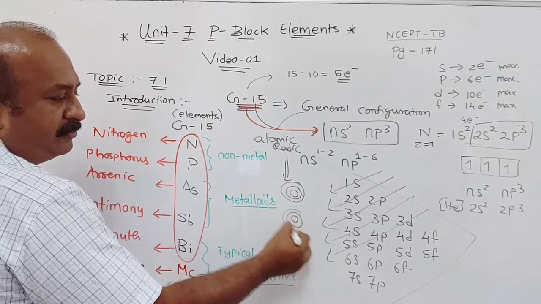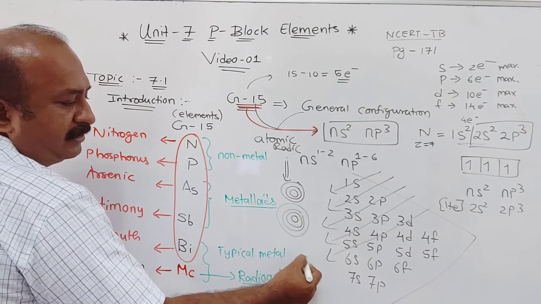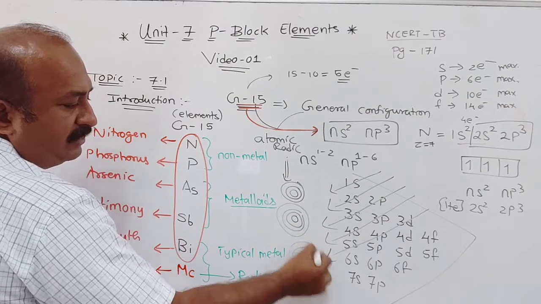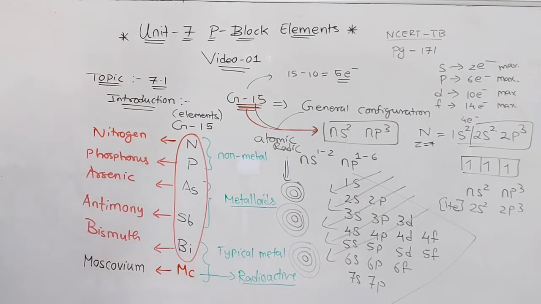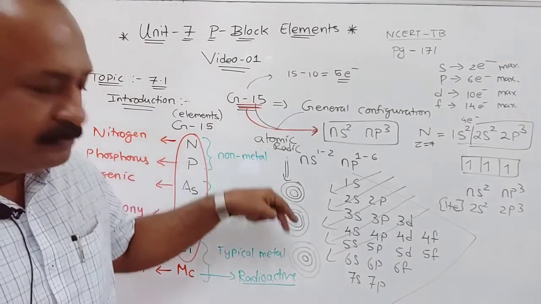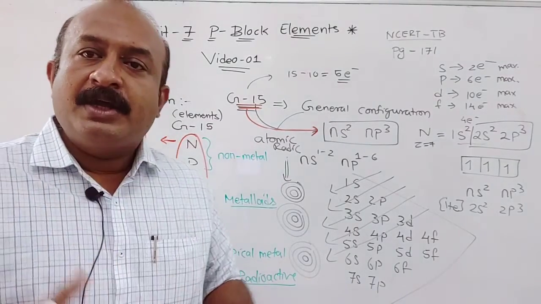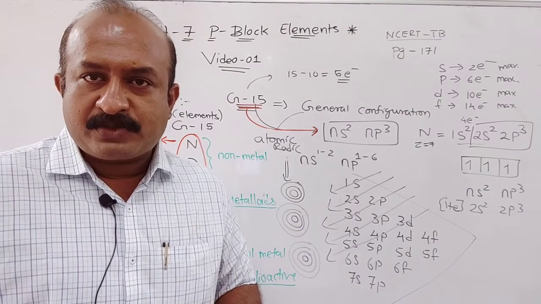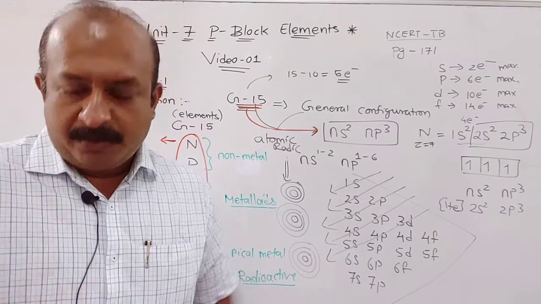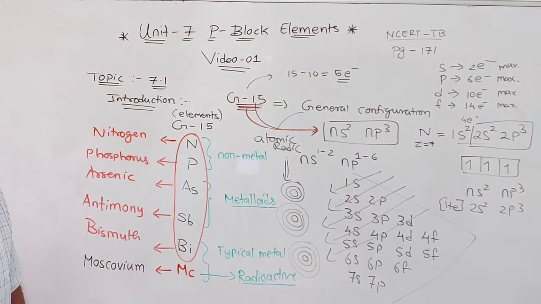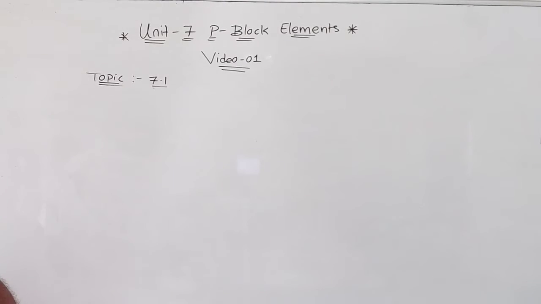Going down, it becomes 3 shells, K, L, M. Going further down, one more shell is added. So down the group the shells keep on increasing, and the atomic radius will also increase. Understood this part? The next part is ionization enthalpy, which we are going to discuss next.